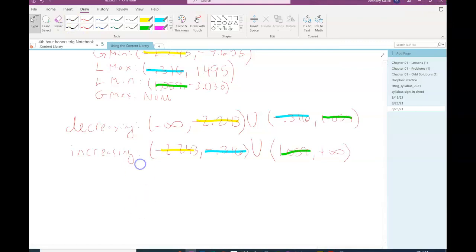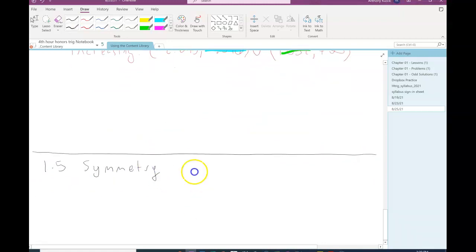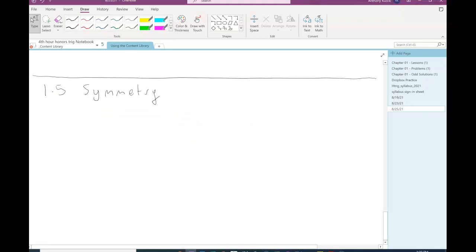All right. Final topic today is we're going to talk about symmetries. This is section 5. So there are 3 types of major symmetries that we're going to worry about in this class. There is symmetry with respect to the x-axis.